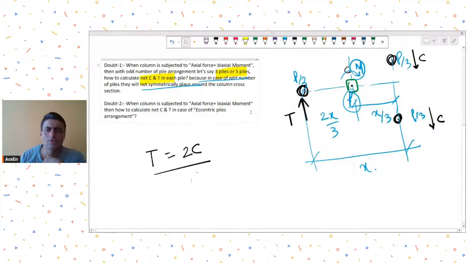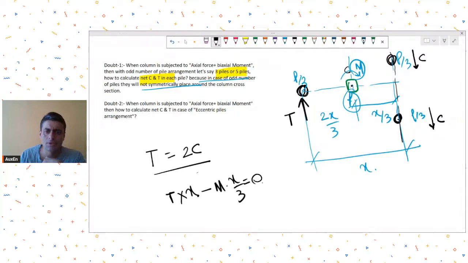And then you can also say, taking moments about one of the piles, let's say about this one, that T into X minus M into X upon 3 is equal to 0.